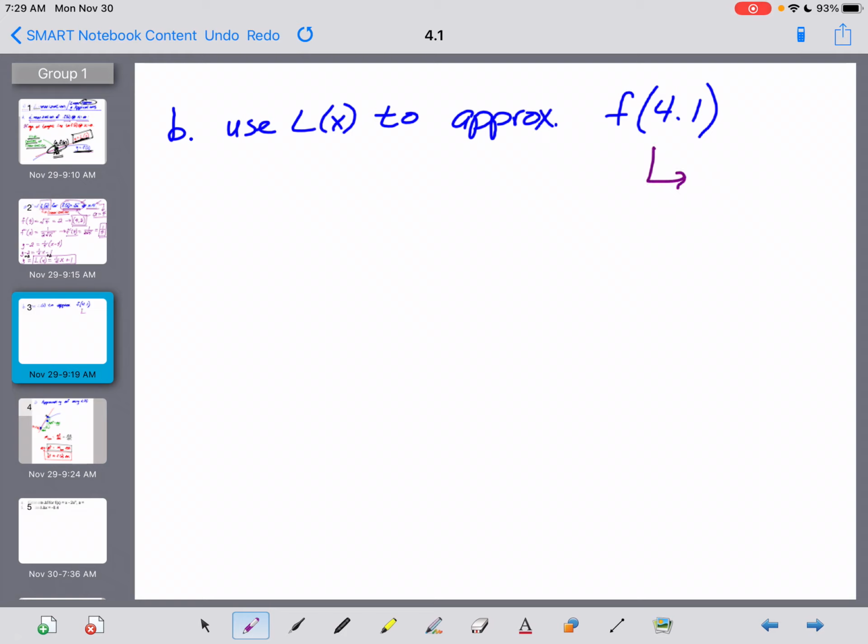Now the function hasn't changed here, guys. f of x was the square root of x. So what they're really asking us to do, in fact, let me just go ahead and write this down here. f of 4.1 means exactly to take the square root of 4.1. And as I'm sure you guys realize right now, that's not something that we can answer with any kind of certainty.